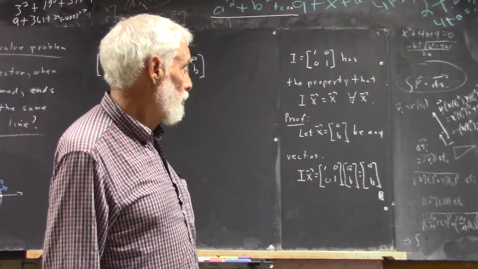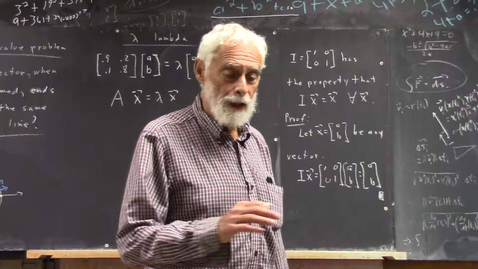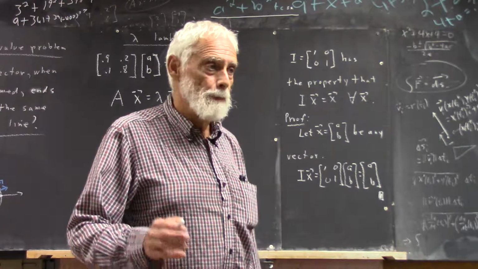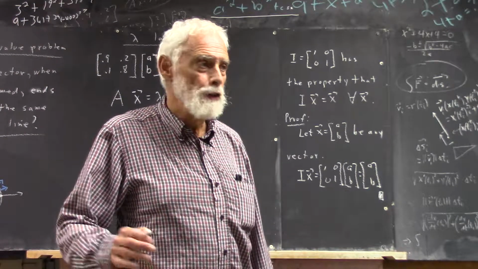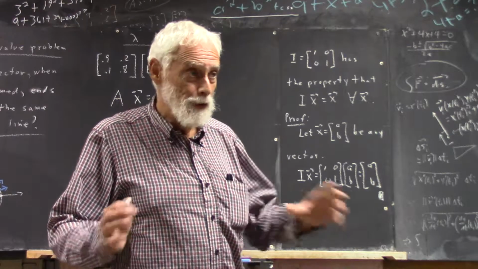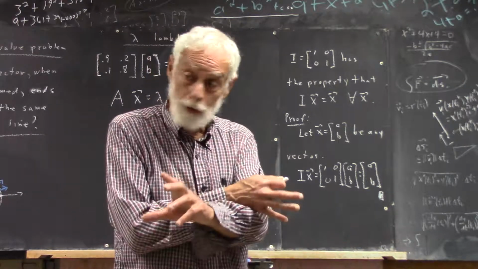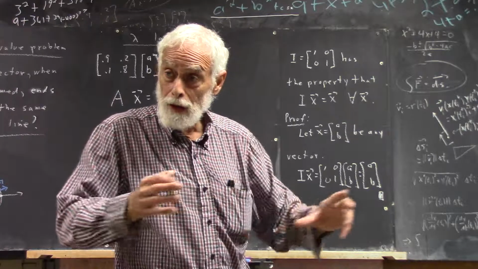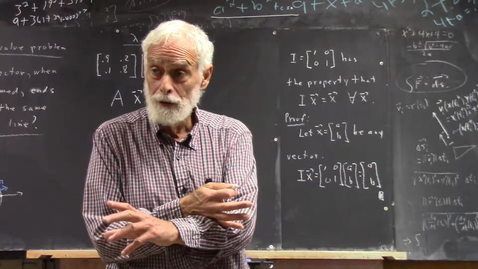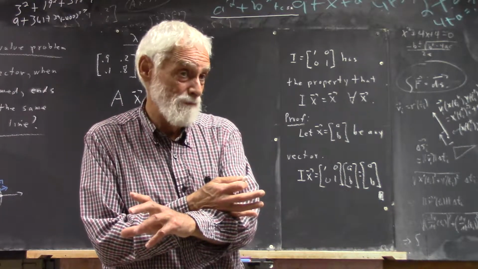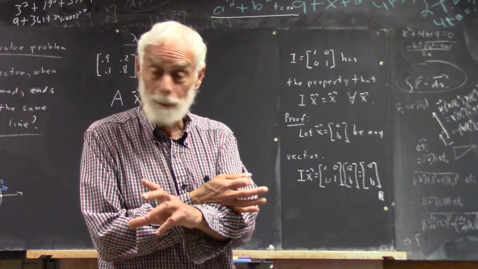I want to prove that matrix A, B, C, D multiplied by the matrix E, F, G, H is different if I reverse the order. I've just got to write out what I get from this one and what I get from this one and show that they're not necessarily the same.